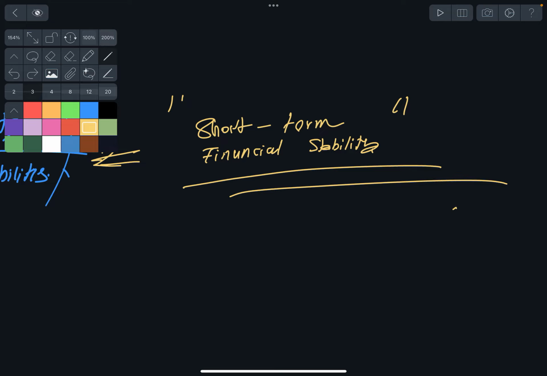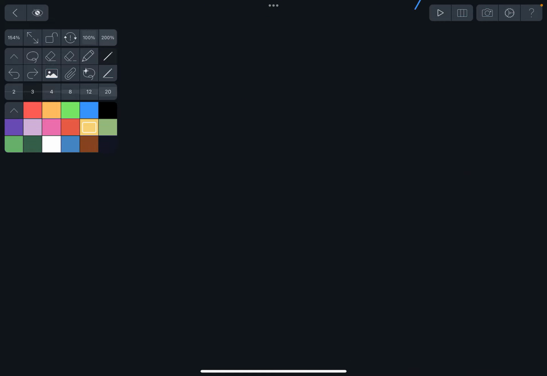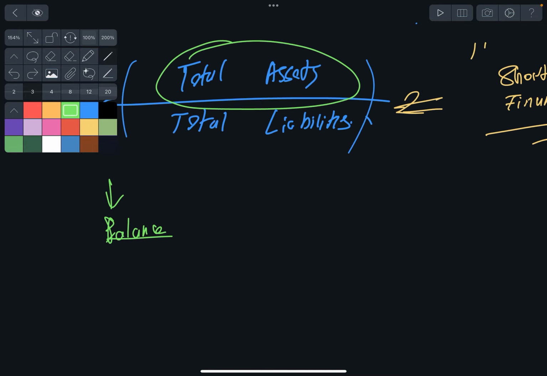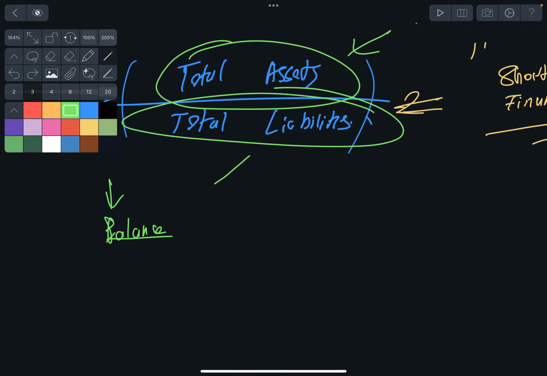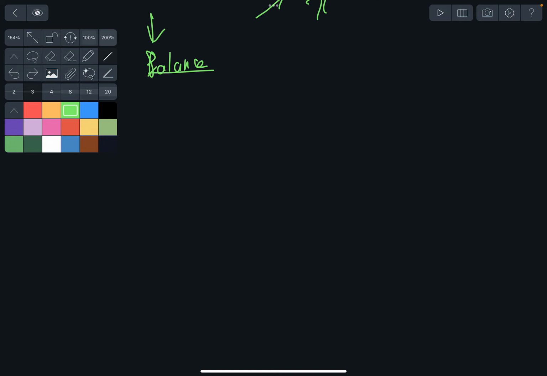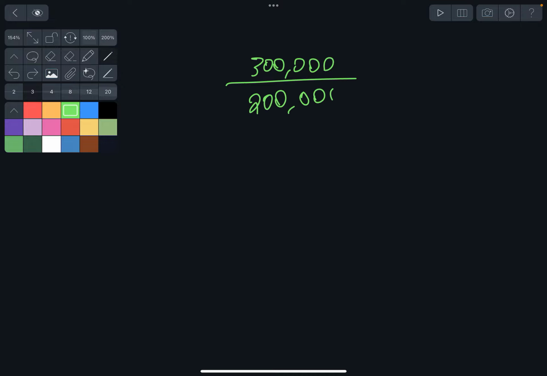Now, how do we actually calculate this ratio? You calculate it from the balance sheet, because the balance sheet tells you the business's current and non-current assets and its current and non-current liabilities. You take those figures, add them up, and put them into the formula. For example, say the business has $300,000 worth of assets and about $200,000 of liabilities.